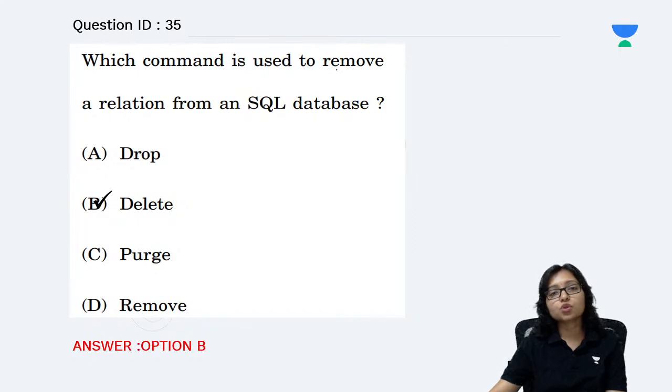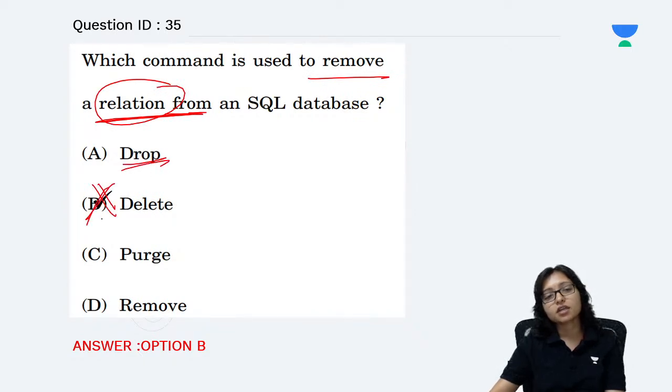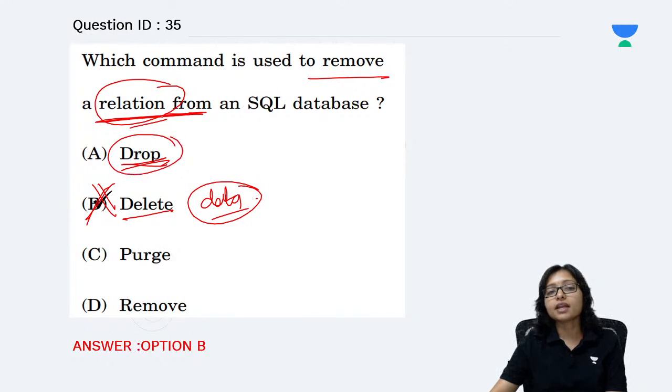The command used to remove the relation should be drop. It's not delete. Delete is deleting the data from the table, and drop is deleting the relation. So drop will be the correct answer.